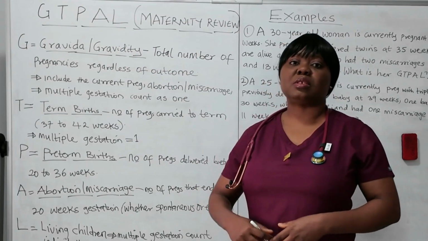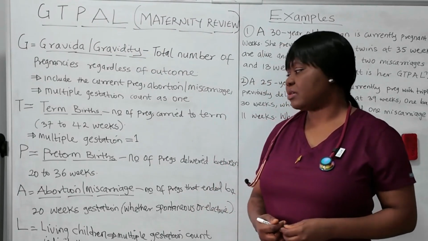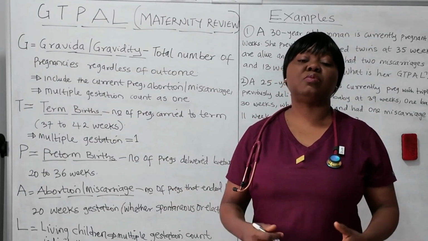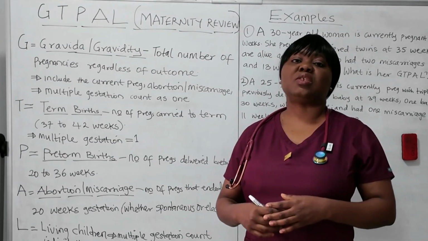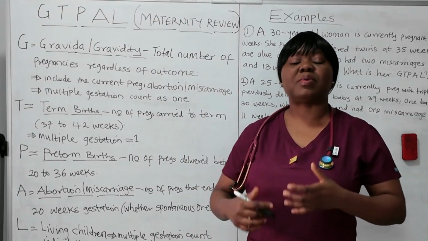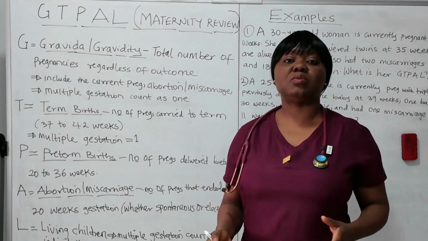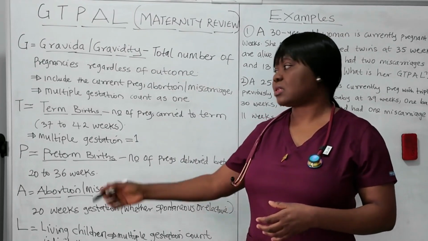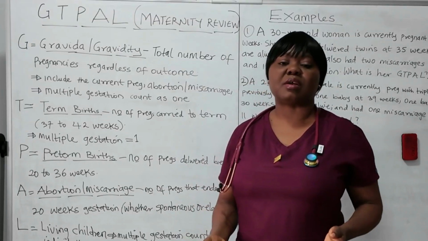Now the next one is abortion or miscarriage. So this one has to do with the number of pregnancies that ended before 20 weeks of gestation, whether it was elective or spontaneous. But as long as that pregnancy did not get to 20 weeks before it got terminated or before the woman lost it, we are calling it abortion or miscarriage.